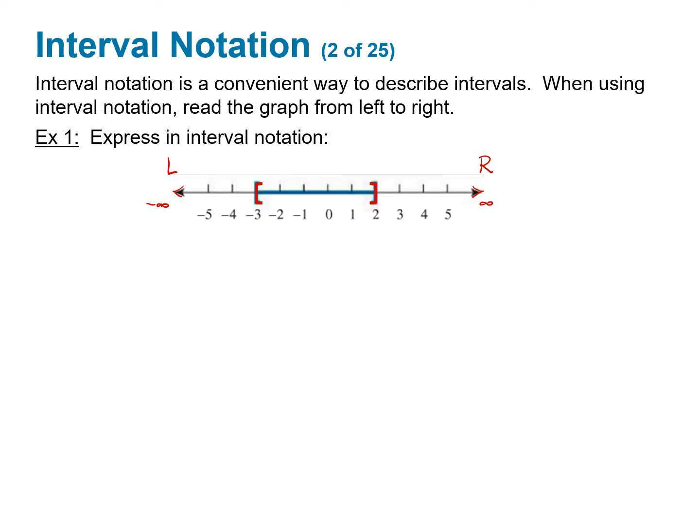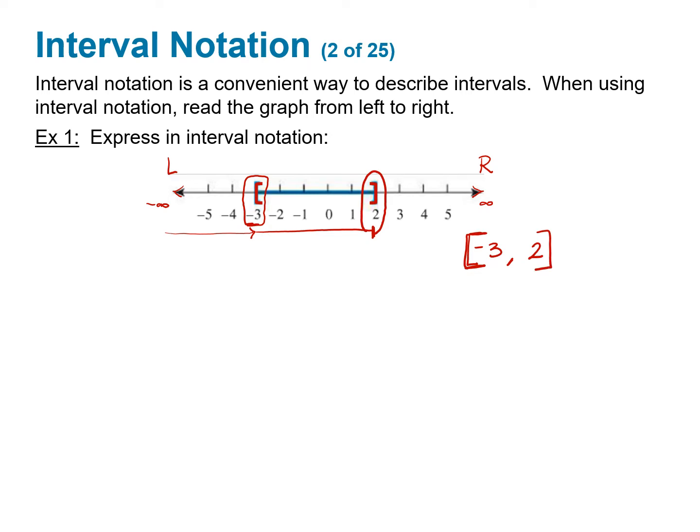Reading this graph from left to right, we start here at -3, and we're going to include -3 in our set. It includes all the numbers from -3 until we get to a stop here at 2, and we are including 2 as well.